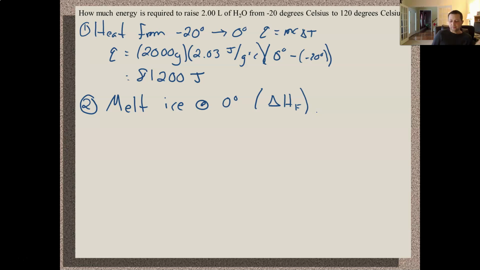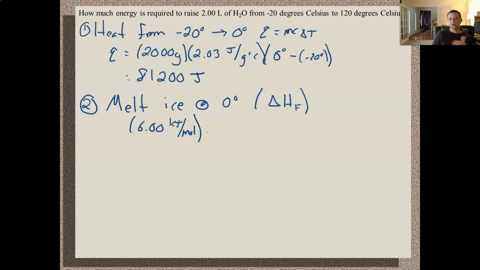I would look up the delta HF value. You're going to have a chart with all these in it. If you look up the delta HF, the heat of fusion of water, you're going to get 6.00 kilojoules per mole.